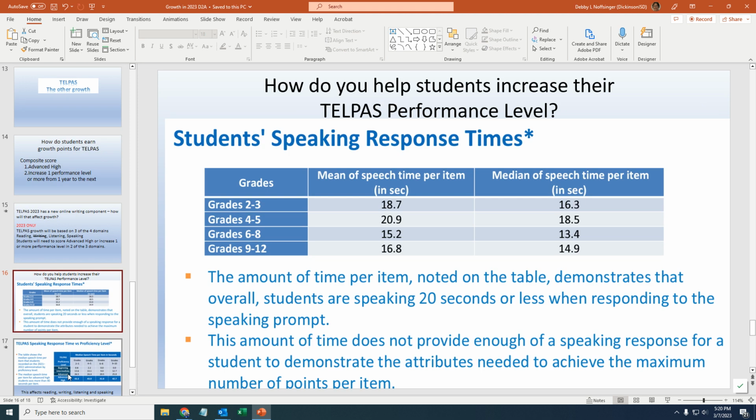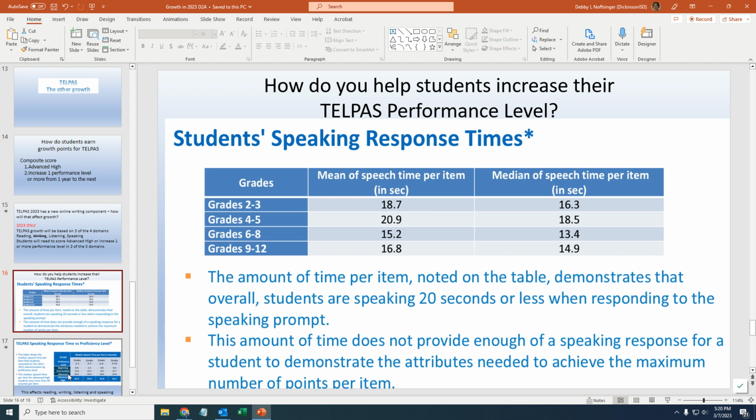One of our lowest domains in TELPAS is speaking. And so TEA put together some numbers for us on why speaking is so low. Because remember, speaking in TELPAS is not just about saying words. Speaking in TELPAS is about, are we answering the question? Are we justifying our answer? Are we able to score points on the rubric that says, yes, you are giving a well-informed reply?